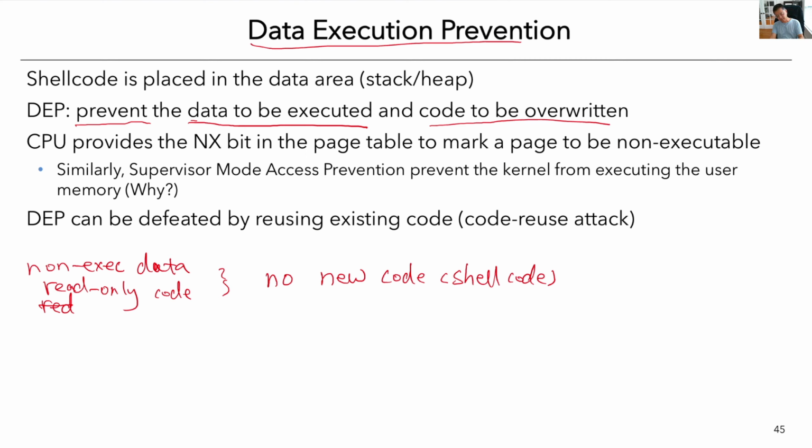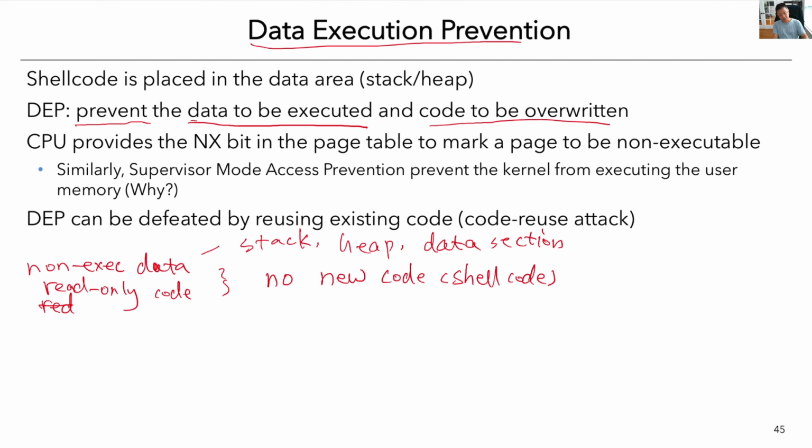So the data, including the stack, the heap, and the data sections. Okay, so as we have mentioned, there are a lot of data sections in your program. It can be the data sections of your main program, right? It can be the data sections of the shared libraries.